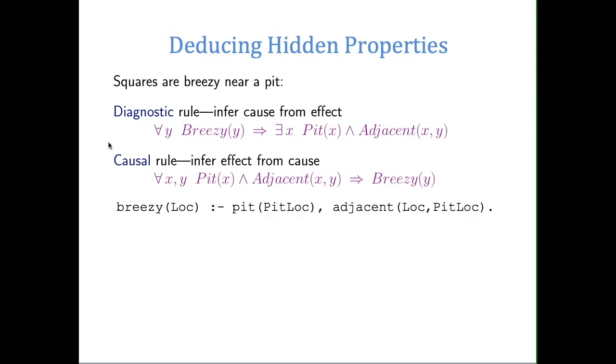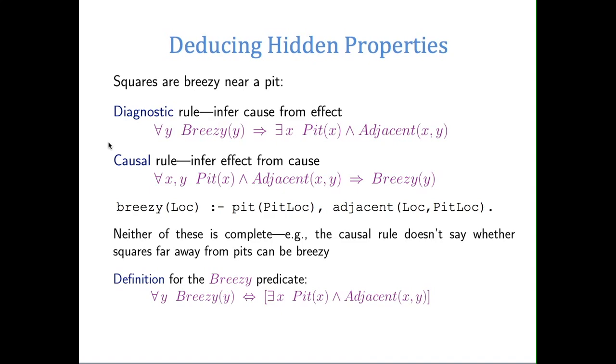And in Prolog, we can do the latter one, because remember, Horn clauses can only have one conclusion. So we can say location is breezy if there's a pit at some pit location and our location is adjacent to the pit location.